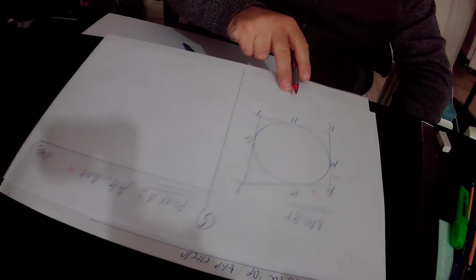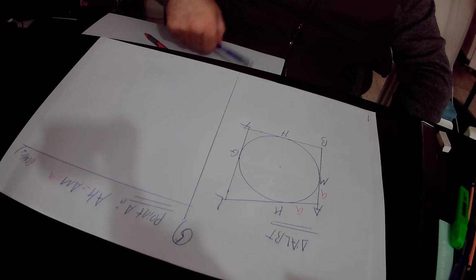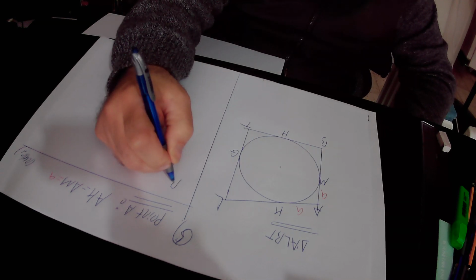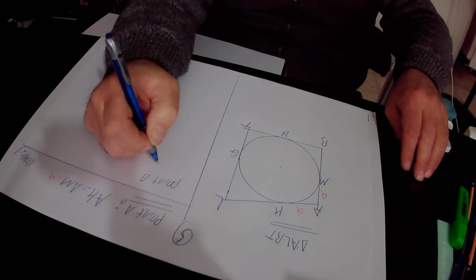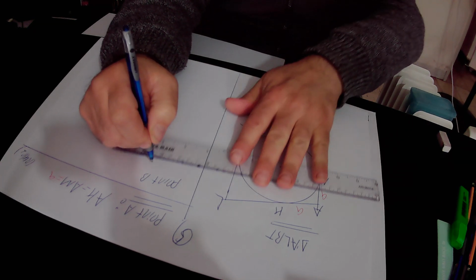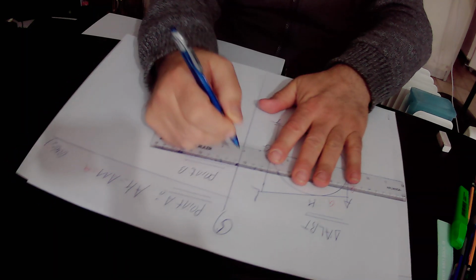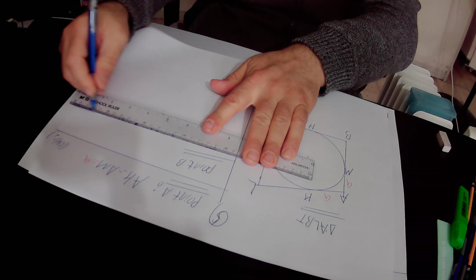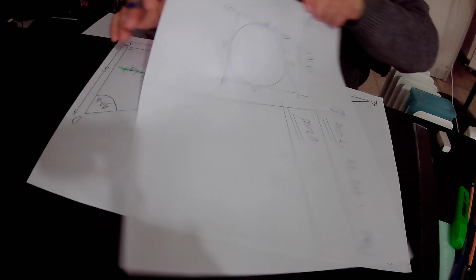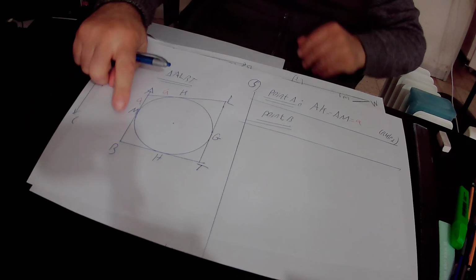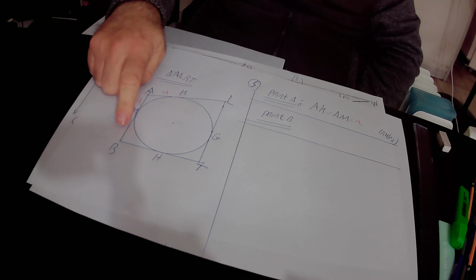In the next step, we will focus on this common external point, point B. From this common external point, point B, we have two tangents to this circle, tangent BM and tangent BH.